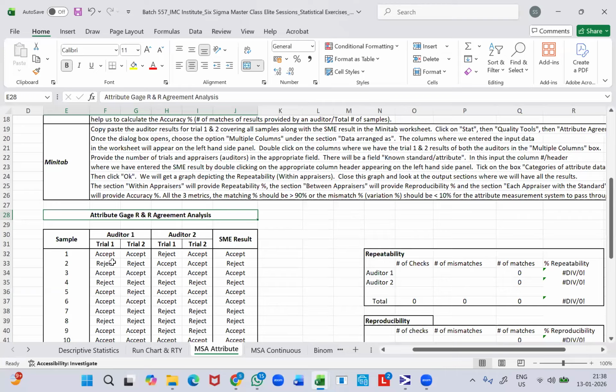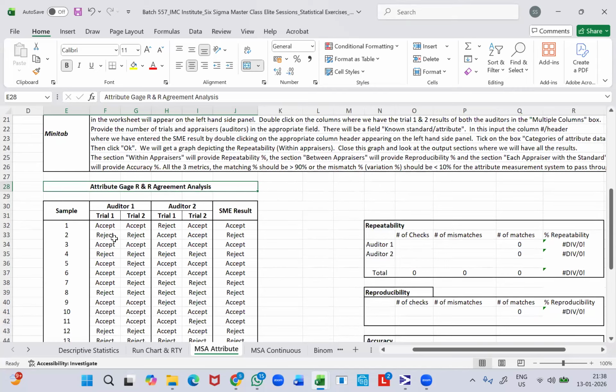We need to have a minimum of two quality inspectors or auditors, and a minimum of two trials conducted by both the auditors, right? So this is the minimum requirement for us to perform this measurement system analysis exercise for discrete data, which is also called attribute gauge R&R agreement analysis.